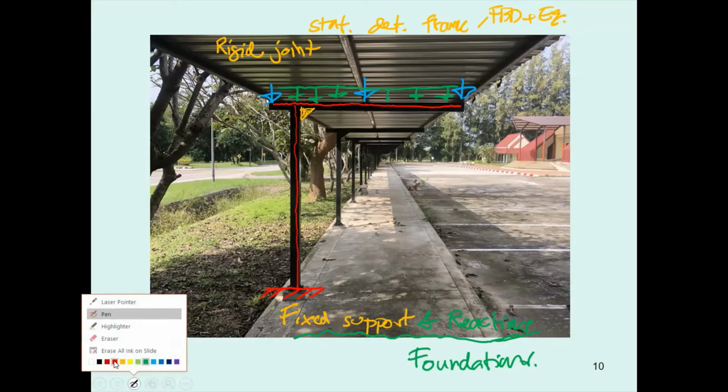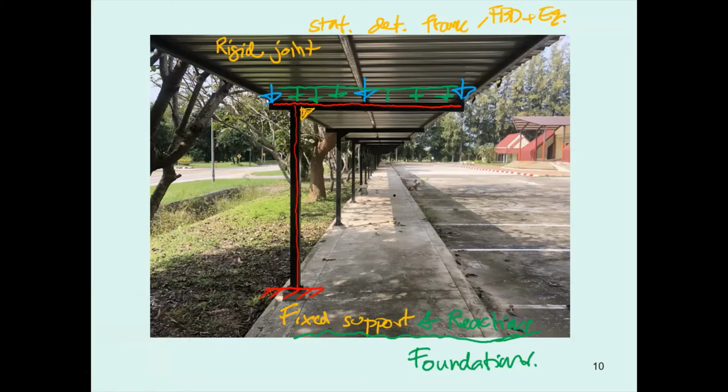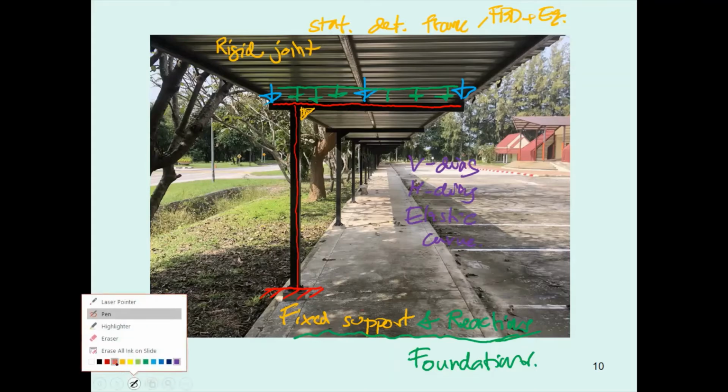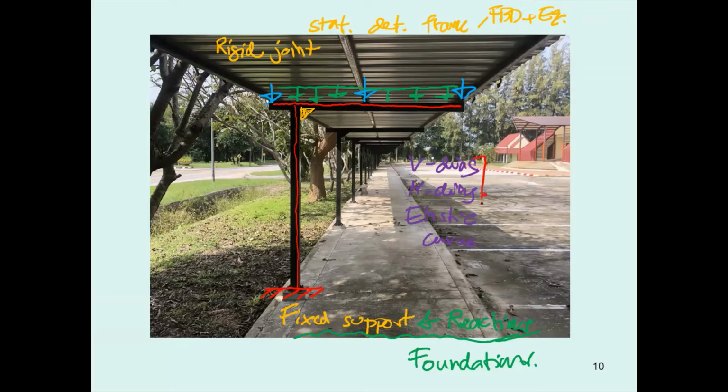And then you may draw the shear diagram, you may draw the moment diagram, and you also can draw the elastic curve of this frame. This one is supposed to be very easy for you guys, but when you do this one, you get the result of Mmax, you get the result of Vmax.